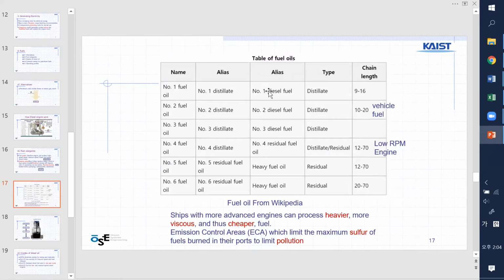So fuel oils are number 1, number 2, number 3, up to 6. For a passenger car, you usually use number 2 fuel oil. And big diesel engines use number 4 fuel oil.